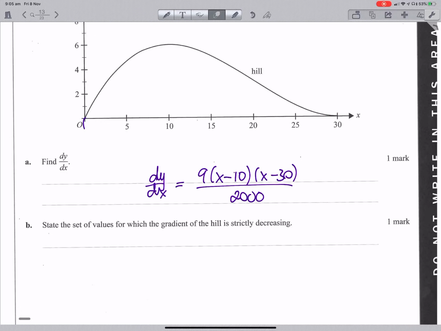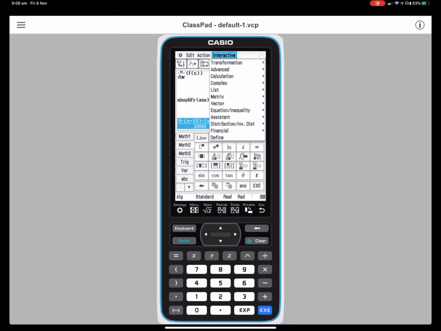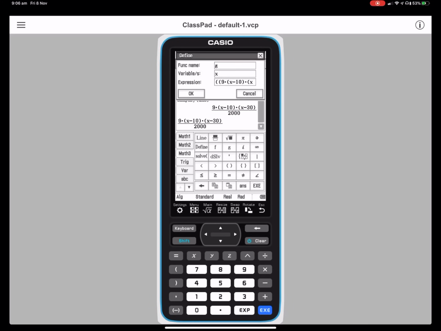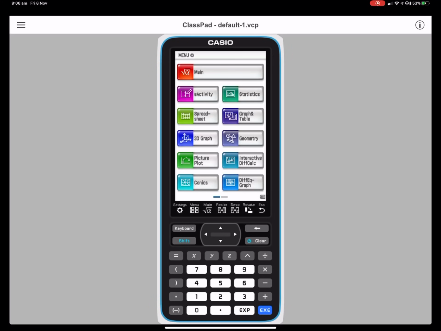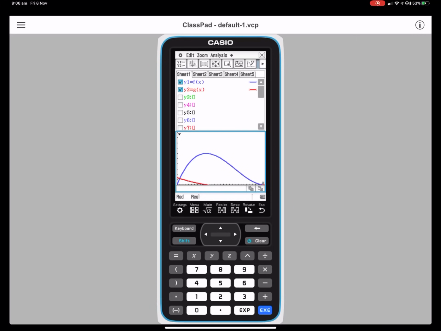So that set of values for which the gradient of the hill is strictly decreasing. I'm just going to define that as G for gradient. Okay, zoom auto. So when is it strictly decreasing?